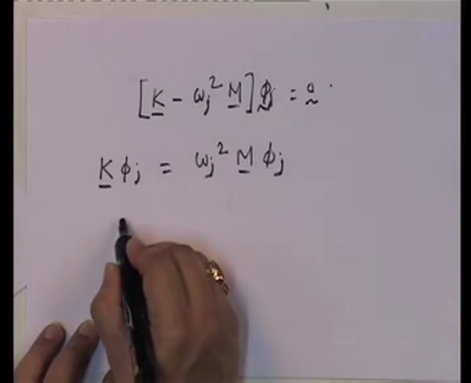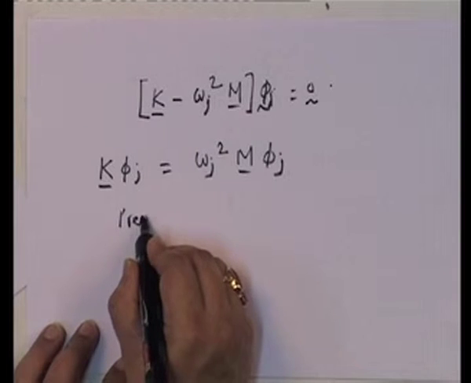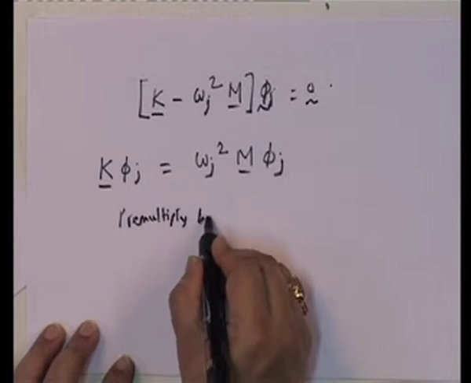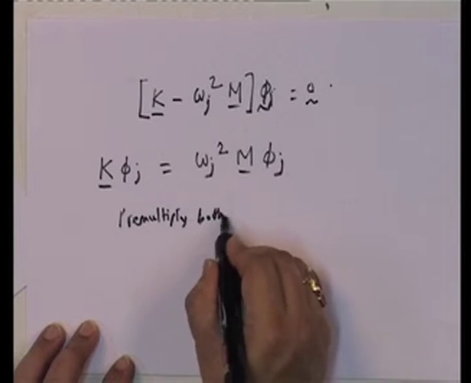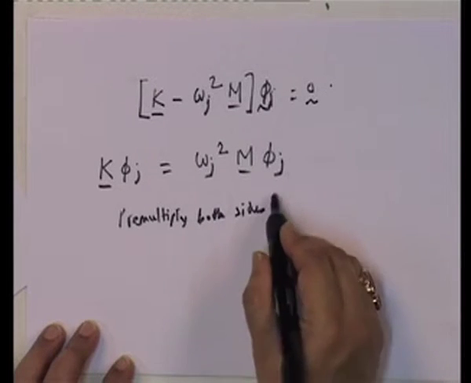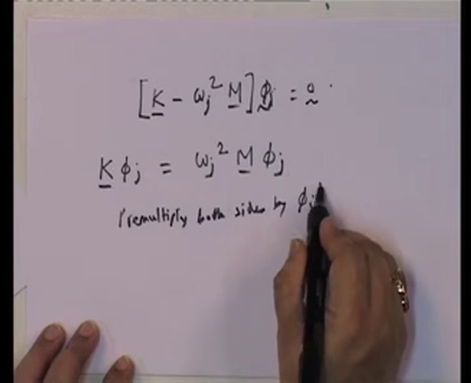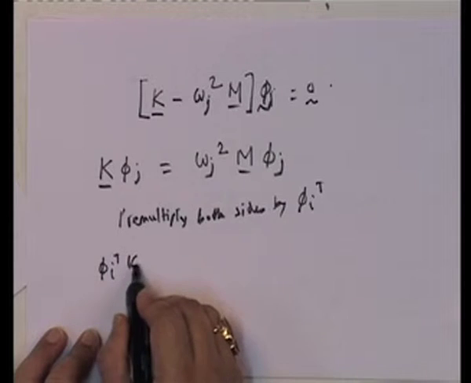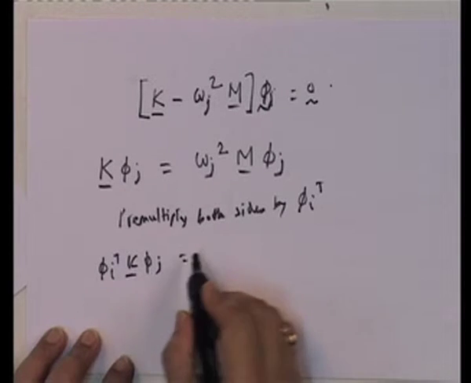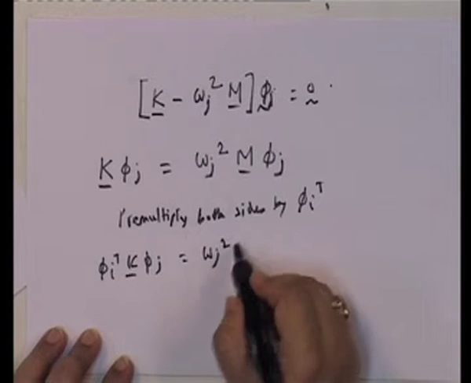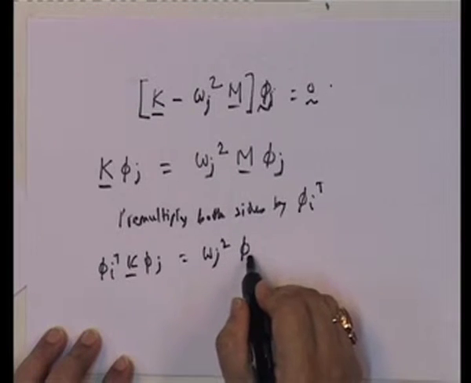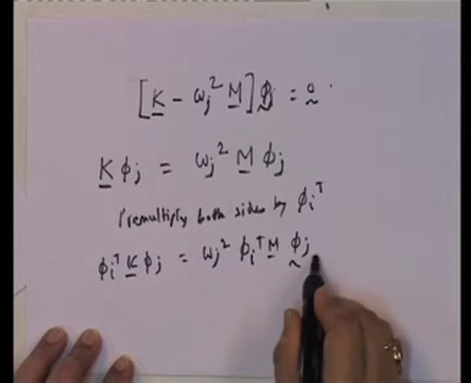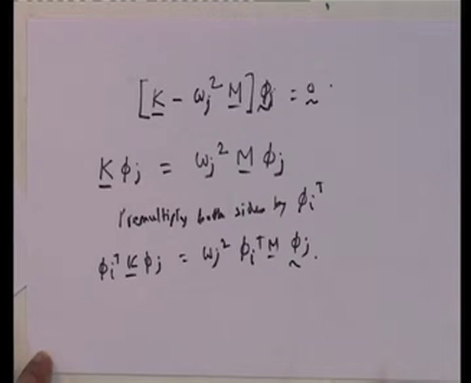Now I am going to pre-multiply both sides by phi I transpose. If I do that, this becomes phi I transpose k phi j is equal to omega j squared phi I transpose m phi j. Do you agree to that?